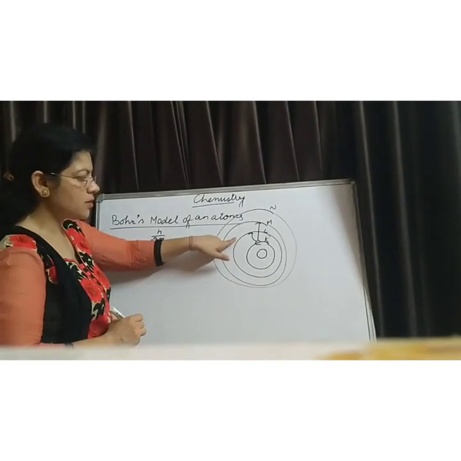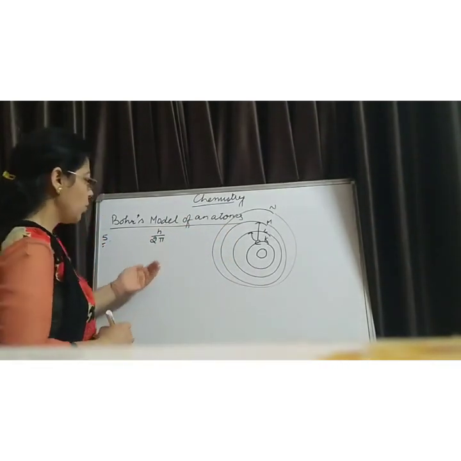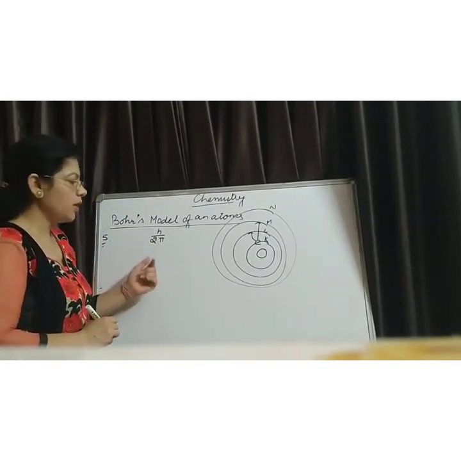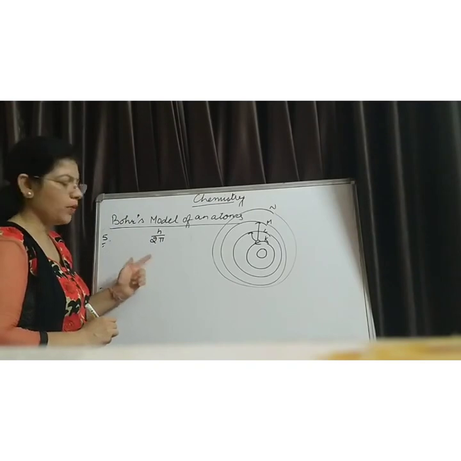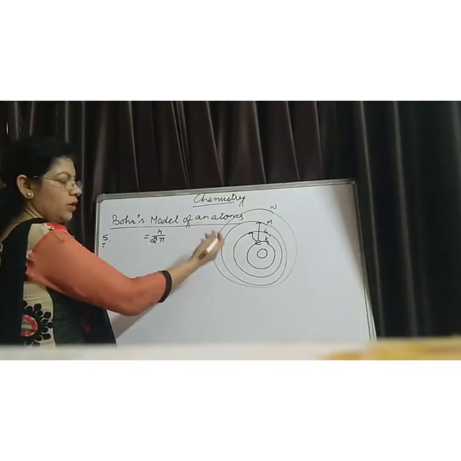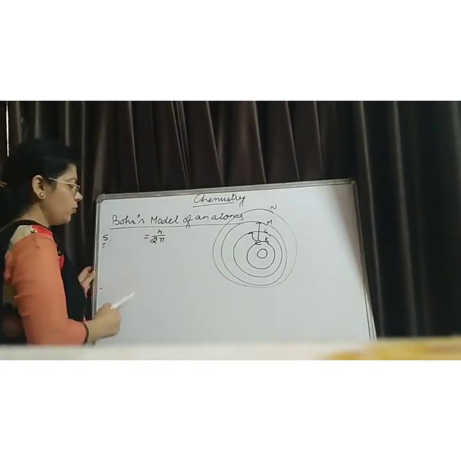Only those orbits are permitted around the nucleus which have angular momentum an integral multiple of h by 2 pi. And how do we calculate the angular momentum for the electron?